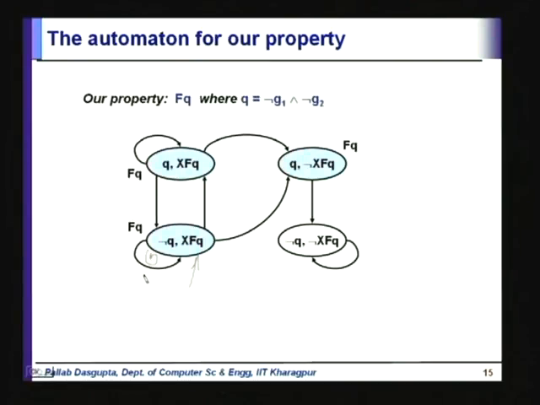So what do we want? We want to say that states which satisfy Q must be visited infinitely often, only then it is an accepting run. That is a Büchi accepting condition.